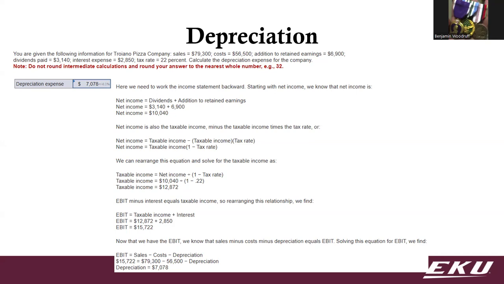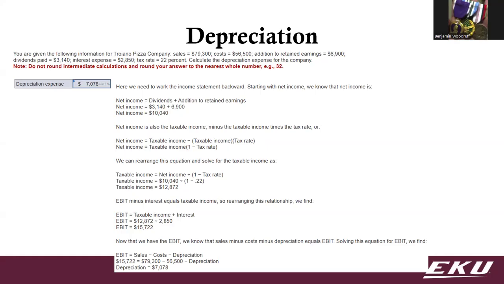And then above that, we would have the EBIT, earnings before interest and taxes. We just added back taxes. We were told what our interest expense was, that 2,850, right, after dividends paid before tax rate. So you just add that interest back. That gives you EBIT, and we know that EBIT is sales minus the cost minus any depreciation. And so we would just solve for depreciation.